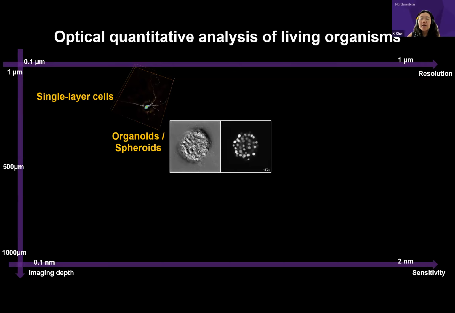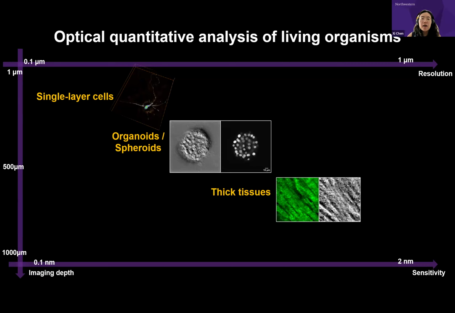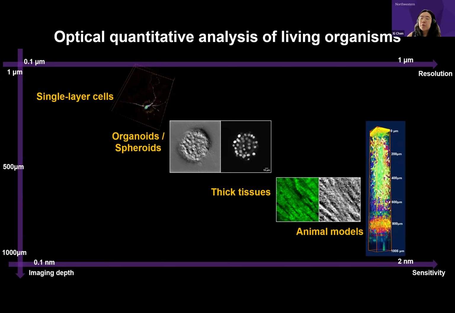So we need an imaging system that is able to image deeper into them and have better sectioning to look at each layer of the cells inside of them. We also want to image thick tissues and of course in vivo animal models. Those are more challenging because now we need an in vivo system inside of live animals, and we need to be able to see through this whole millimeter depth of tissue. So we'll also go a little bit into that.